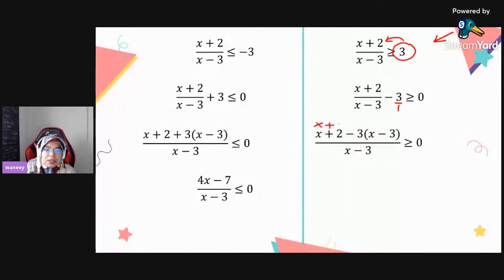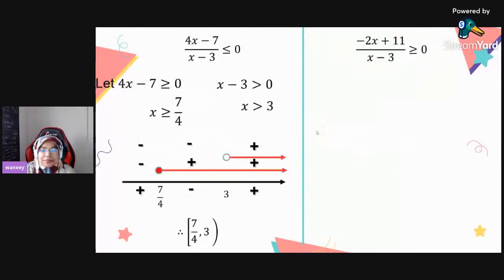So we are going to simplify them. So this is x plus 2 minus 3x plus 9. So this one will become negative 2x plus 11. So negative 2x plus 11 over x minus 3 greater than or equal to 0. And then this is the simplest form for the rational inequalities. So you got to do the real number line from here.